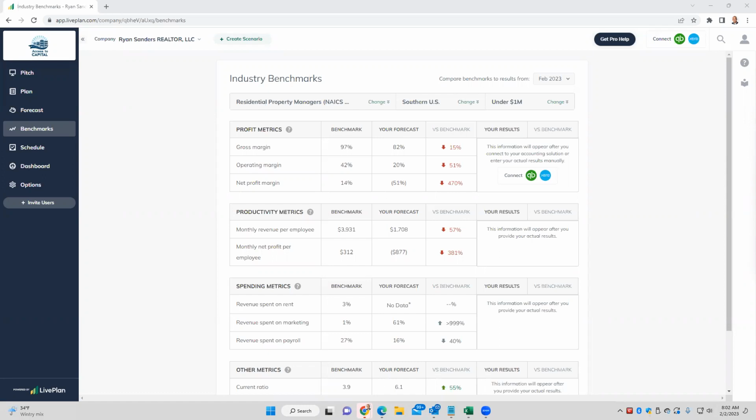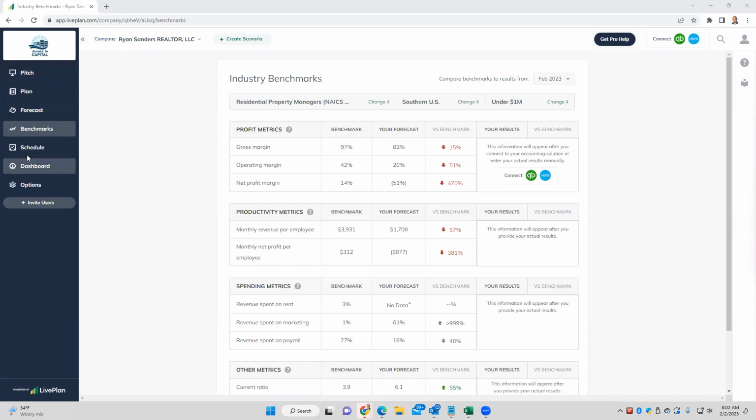So this is actually a real business plan from one of our clients, Ryan. He's a realtor out of Florida. And so I've already logged in as Ryan, and this is cloud-based. And cloud-based, of course, means that the client and we both have access to it. So that allows us to work on it as well as them.